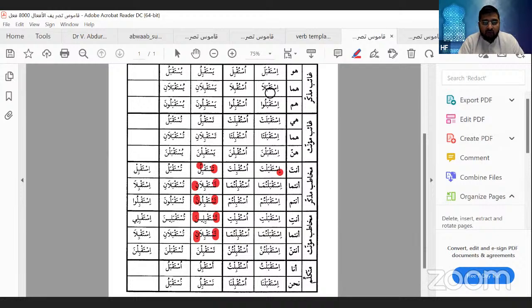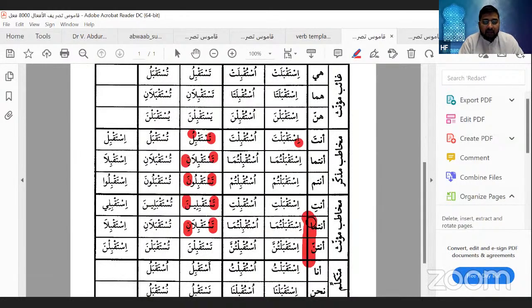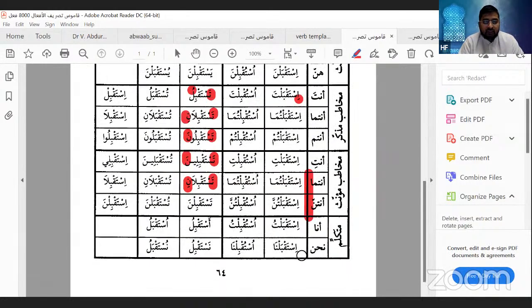The last letter of istaqbala, lam, becomes silent, and a noon with a fatha is added, which represents plural feminine. Then for all the remaining, istaqbal, ta, tuma, tum, ti, tuma, tunna, just add these suffixes to make the different conjugations. Anti istaqbalti, antuma istaqbaltuma, antunna istaqbaltunna, ana istaqbaltu, nahnu istaqbalna.